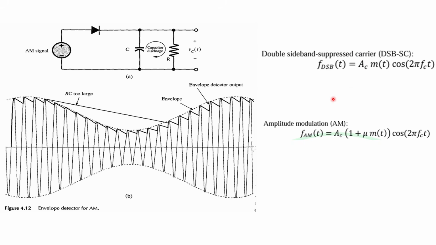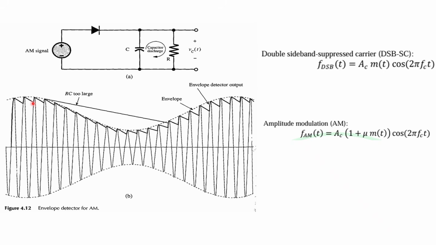In case of DSBSC, the signal is Ac m(t) cos omega c t, and in case of AM, Ac times 1 plus mu m(t) cos omega c t. Here you can see that for the DSBSC, m(t) must be greater than 0.